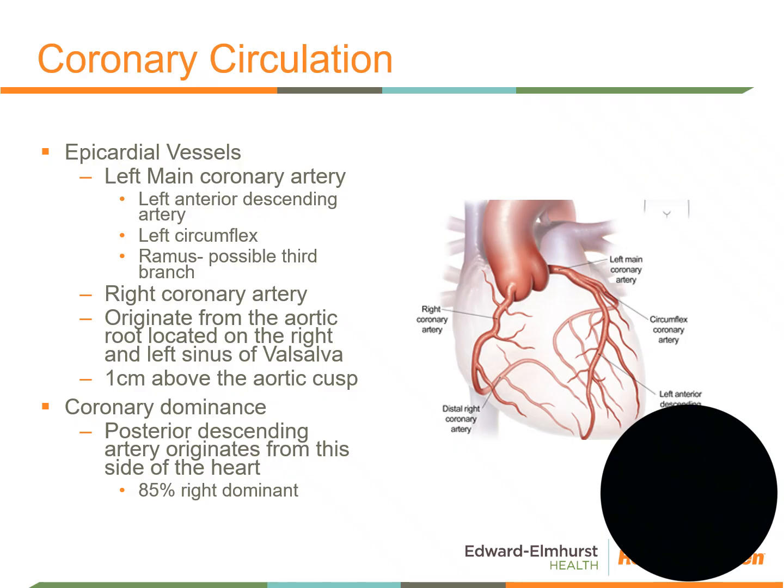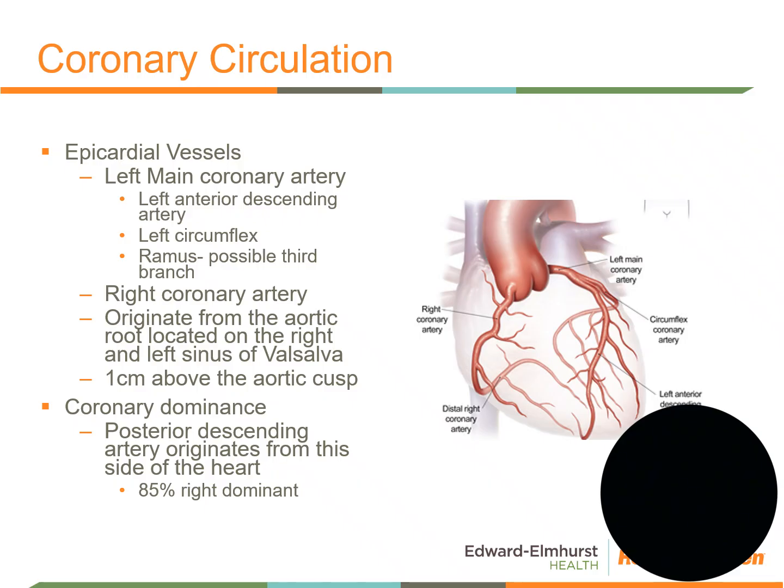Coronary dominance: you may hear throughout different cases that the docs will mention that they are left-sided dominant or right-sided dominant. The way that we identify this is where the PDA, the posterior descending artery, originates from. Most people have it originating off of the right coronary artery, but some people do have it coming off of the circumflex.